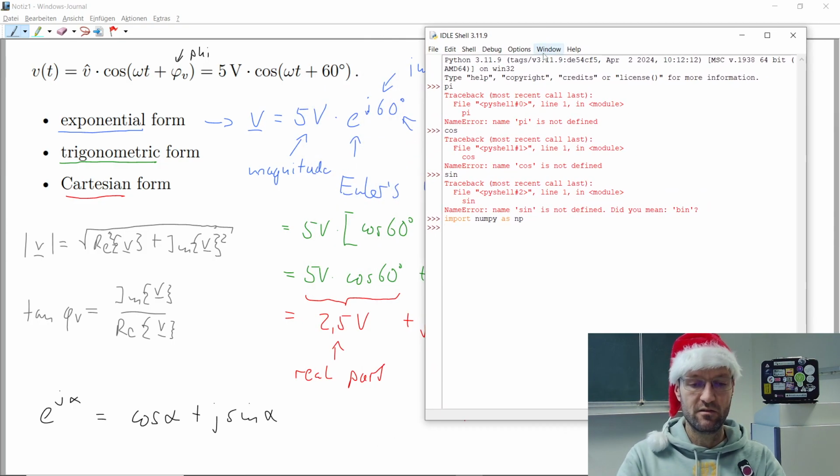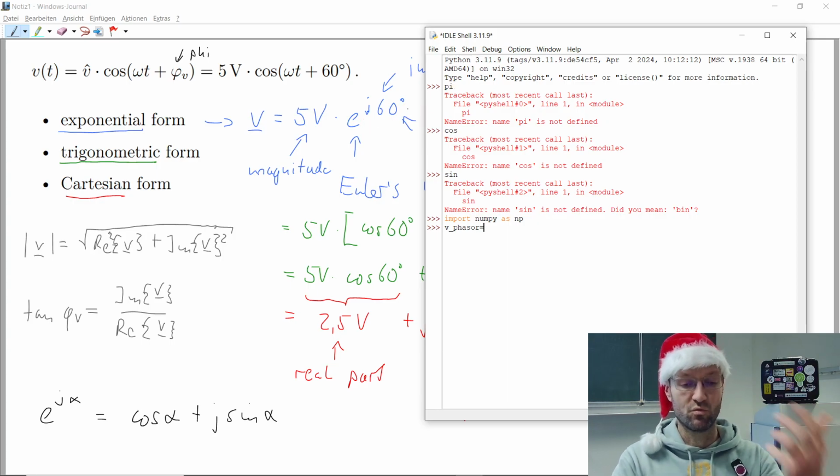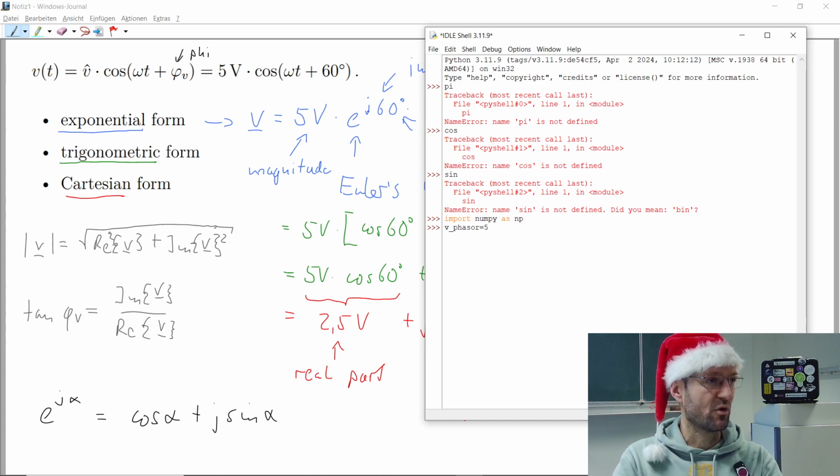Now we can insert our V phasor, our complex phasor, as it's written here: magnitude times the exponential function multiplied with the phase of the argument. Python won't care about units, so I just write 5.